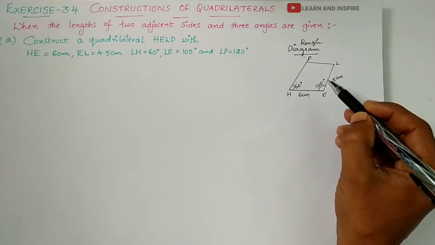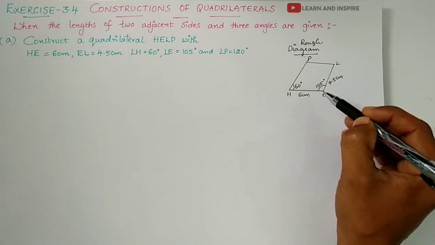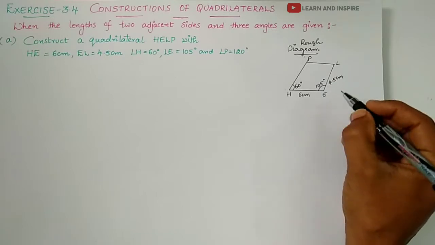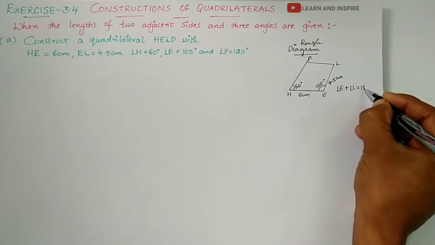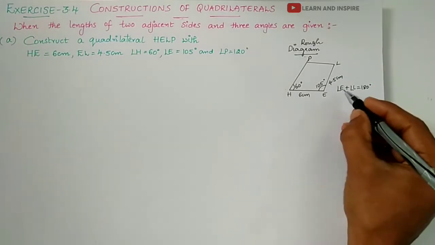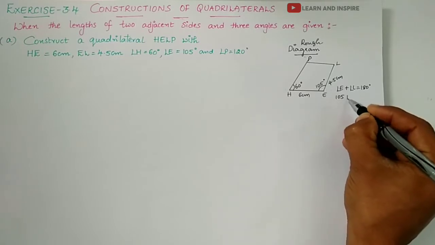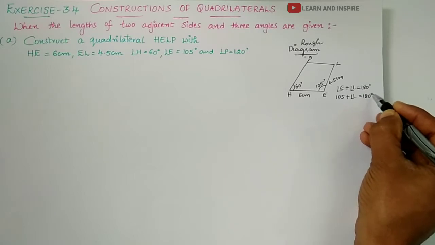As we know, in the quadrilateral the sum of two adjacent angles is equal to 180 degrees. That means angle E plus angle L equals 180 degrees, because the sum of two adjacent angles is 180, and we know the value of E, 105. So 105 plus angle L equals 180.